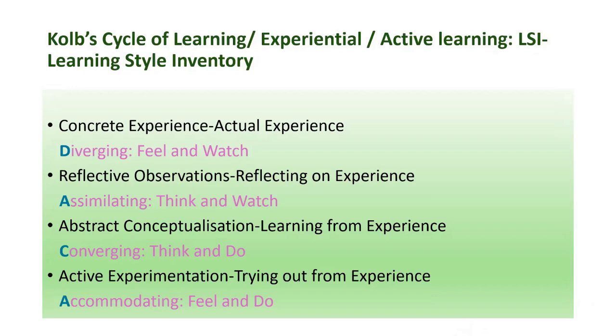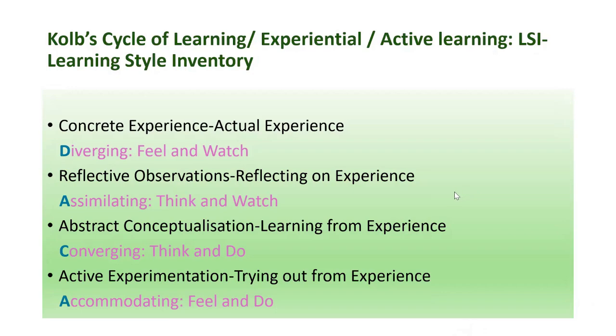And here, accommodating or accommodative learners feel and do. So what do we do here? This stage is between active experimentation and concrete experience. Accommodating, feel and do. And look at it, I have highlighted it, D-A-C-A, Dekha. And this complete thing is also called the learning style inventory.